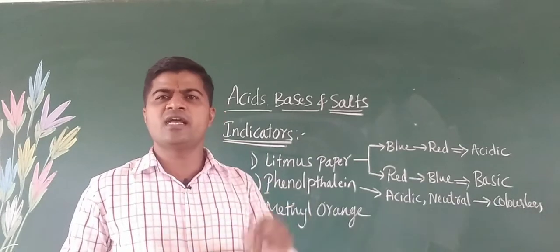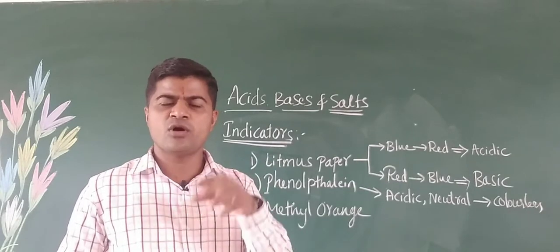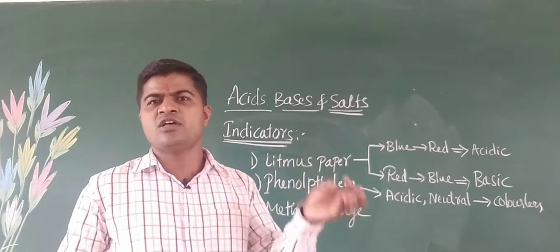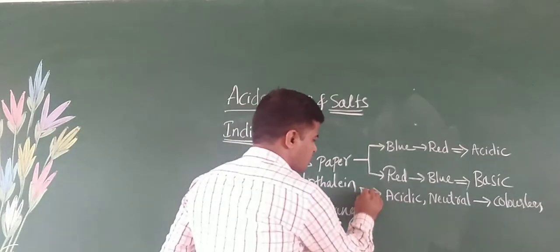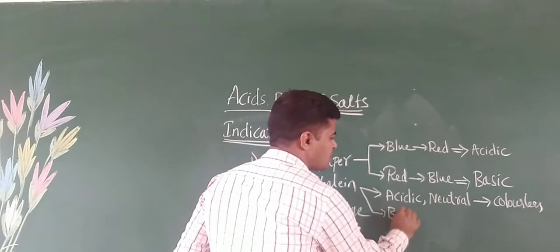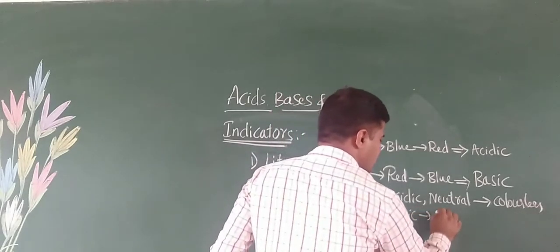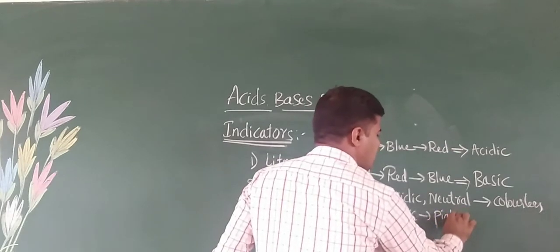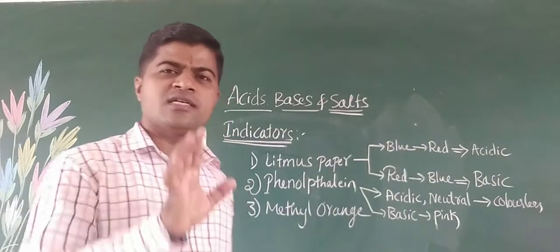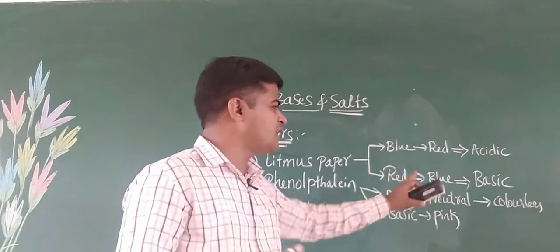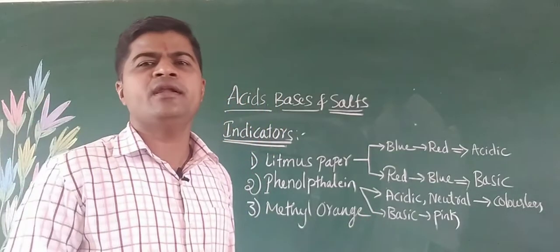If you add phenolphthalein to the sample which is acidic, it will be colorless. If it is neutral, it is also colorless. But if the sample is basic in nature, definitely it gives pink color. In acidic and neutral, it is colorless. In basic, it is going to be pink in color.